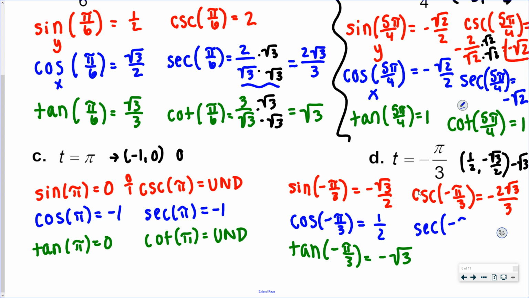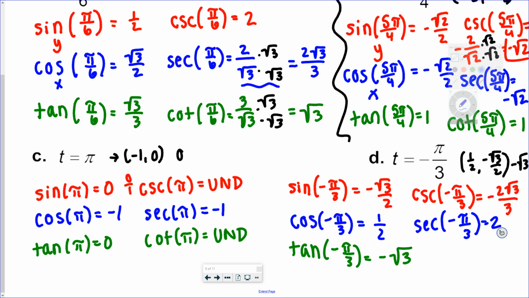Secant. 2. And cotangent. Good. You guys are so smart. Cotangent. Negative square root of 3 over 4.